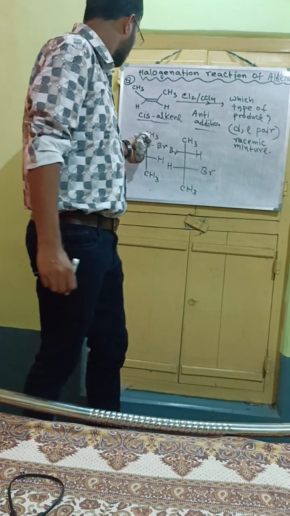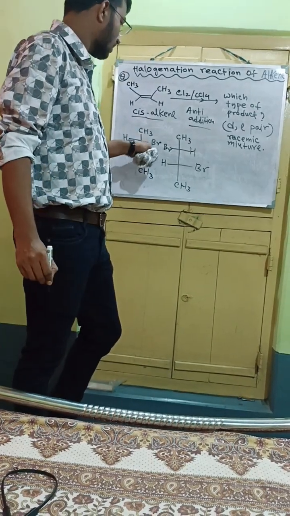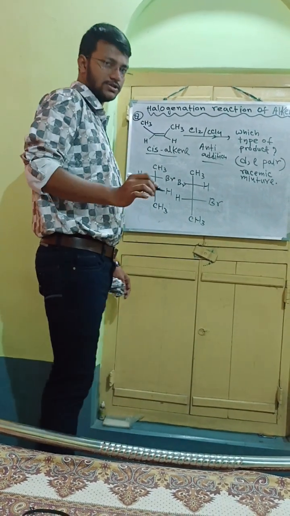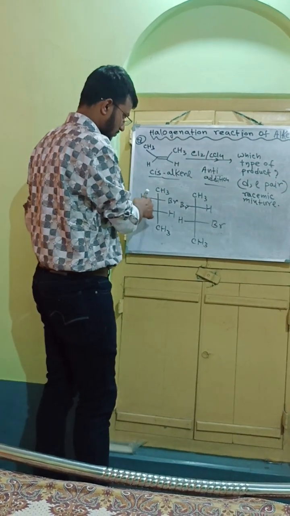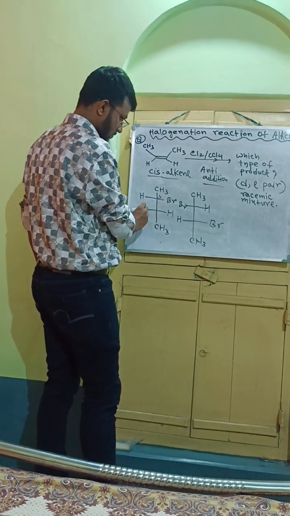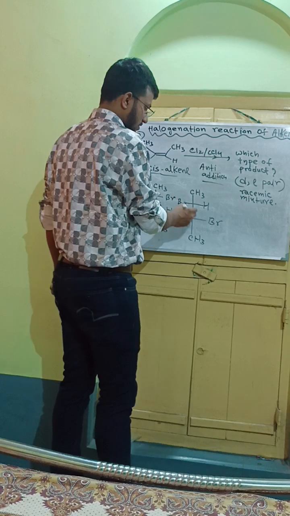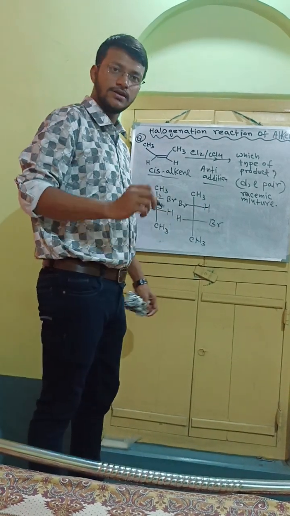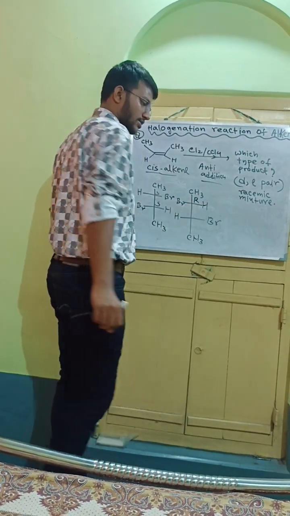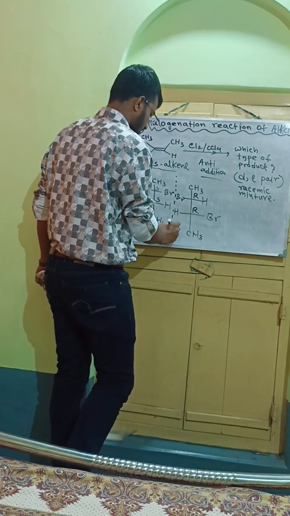If we calculate or find out the configuration of these two carbons and these two carbons, we can find that 1 2 3 according to the CIP rule, that is 1 2 3 clockwise rotation, and the fourth priority group is horizontal, that is S, and this is also 1 2 3 clockwise, fourth priority group horizontal, that is also S. For this 1 2 3 anti-clockwise and fourth priority group is horizontal, that is R. 1 2 3 anti-clockwise and fourth priority group is horizontal, that is R. So these are mirror images.